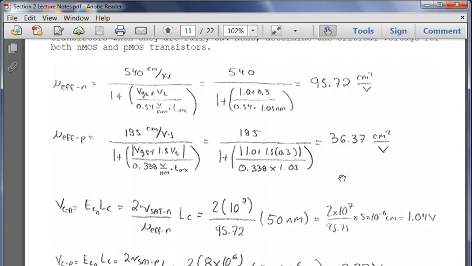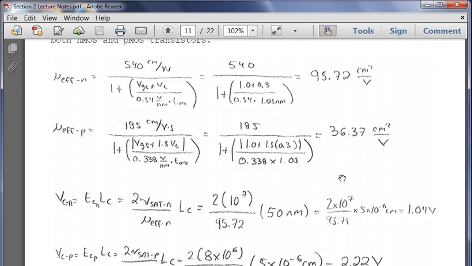Then we take this mobility and we use it to calculate our actual critical voltage. So we know that critical voltage is equal to the critical electric field times the length of the channel. We also know that the velocity saturation of electrons divided by the effective mobility of the electrons, times 2, is equal to the critical electric field.